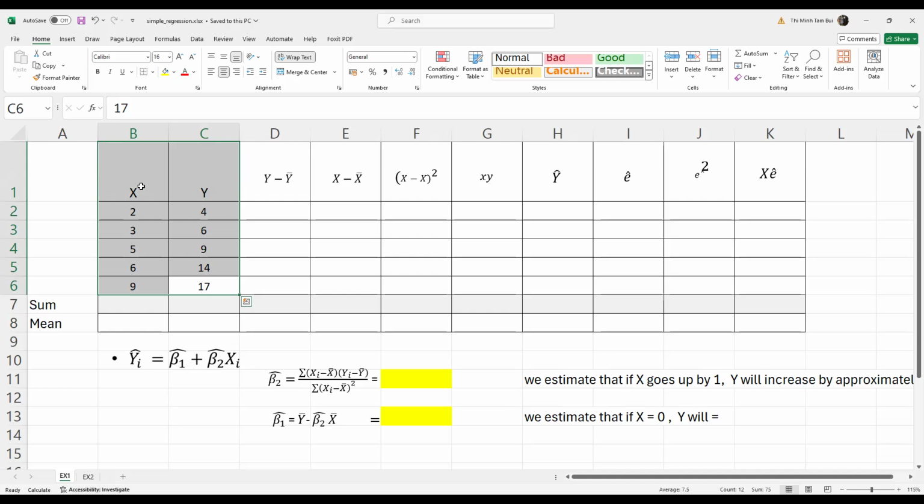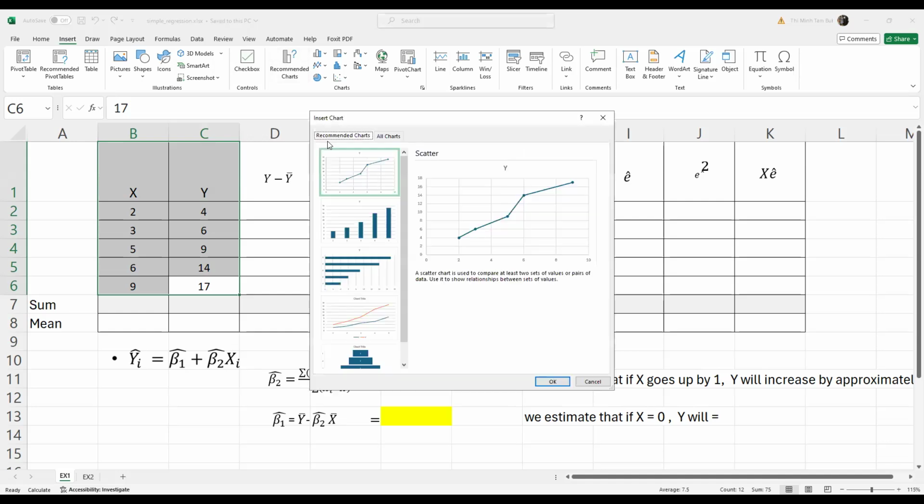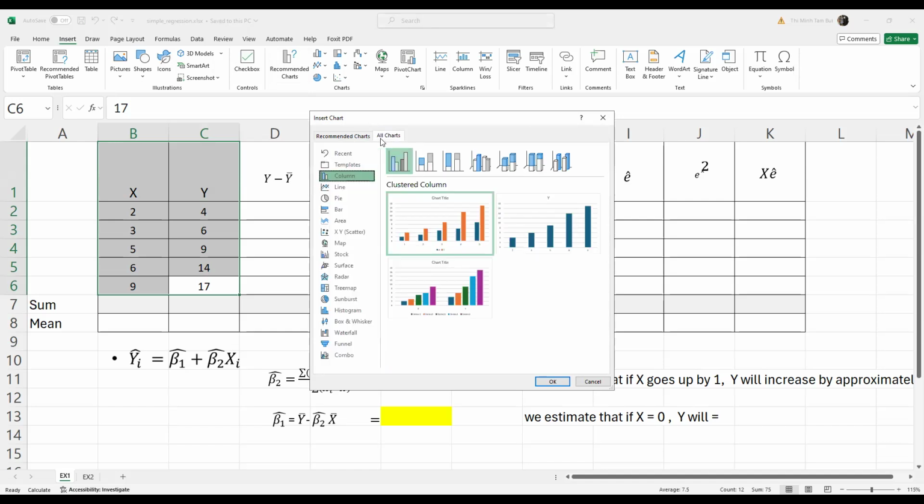Okay, we show you. Insert, like the chart. But I don't need the line. I would like to change to scatter plot. So click all charts, then go to XY scatter.